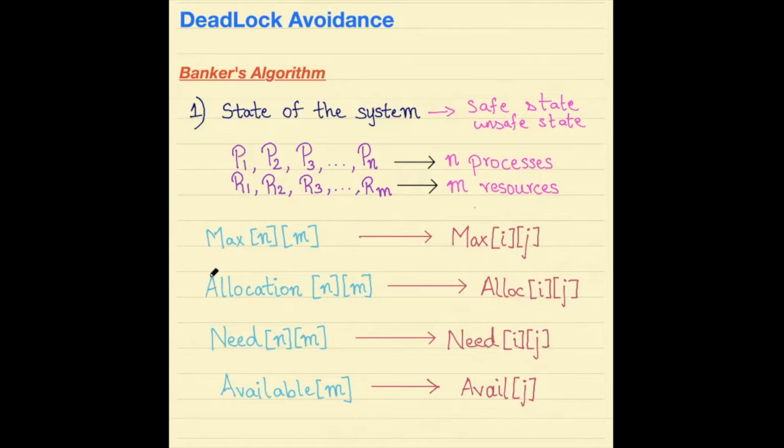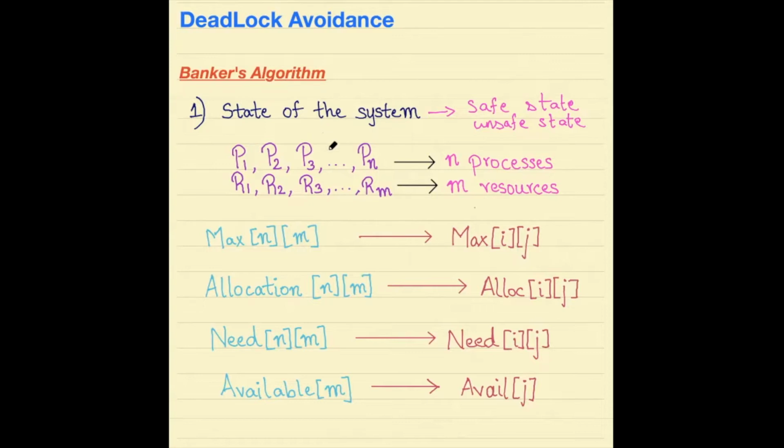Allocation is the resources allocated to those n processes having these m types of resources. Need is how many resources each process will need in future to complete its task. Available is the resources available for each of the m resource types. So these are the terms used in Banker's algorithm.